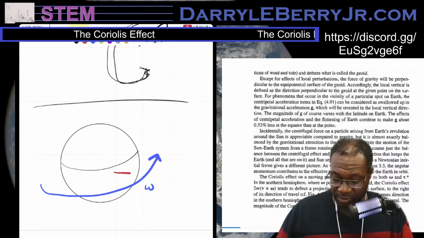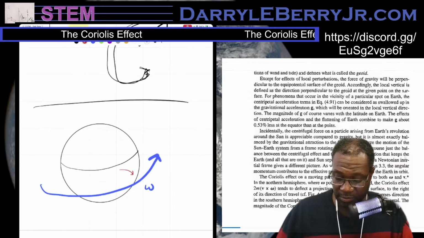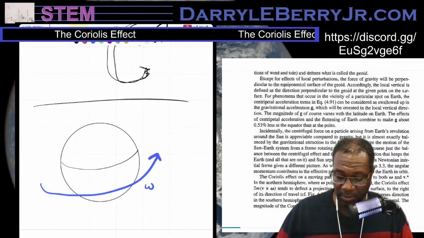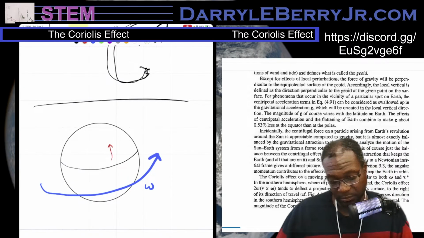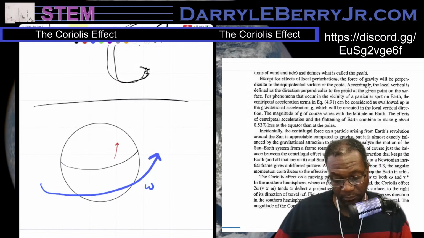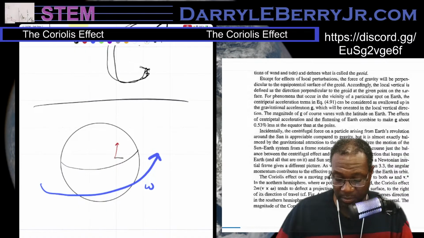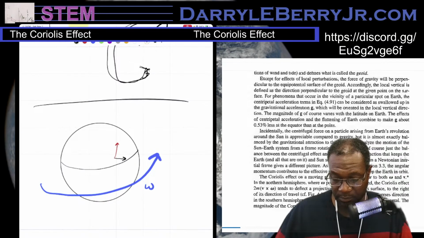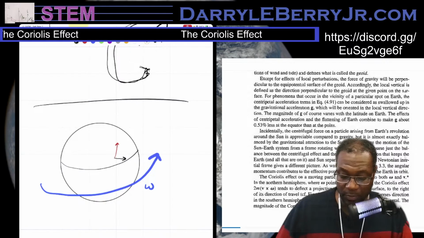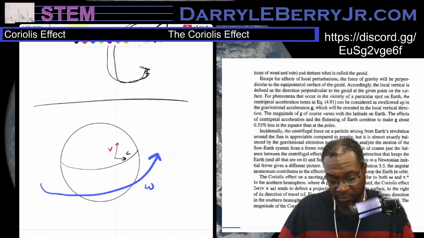So if an object is moving along the surface of the Earth this way, let's do up here this way. Coriolis, of course, must be this way. Coriolis, v, omega.